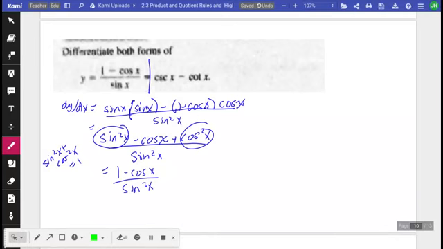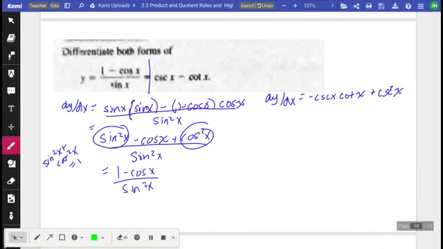We'll go do this other one. Okay, so the other one, dy over dx. The derivative of cosecant, if you recall, is going to be negative cosecant x cotangent x, and the derivative of cotangent is negative cosecant squared, so it's going to make it a plus cosecant squared x.